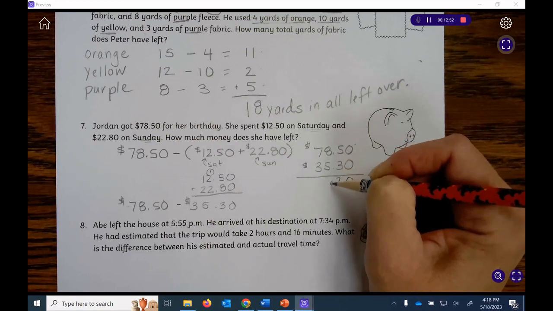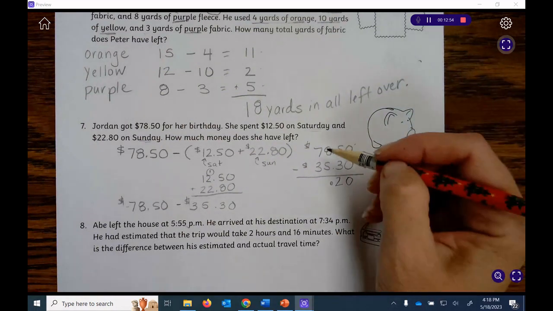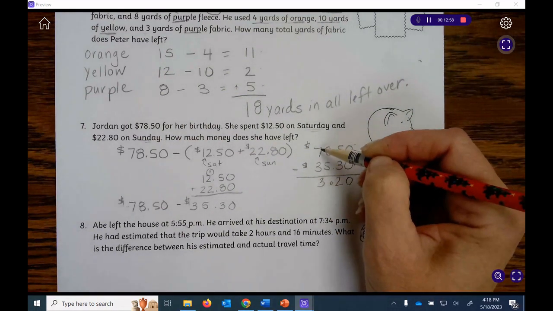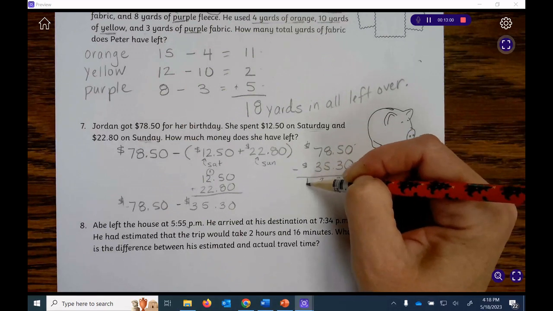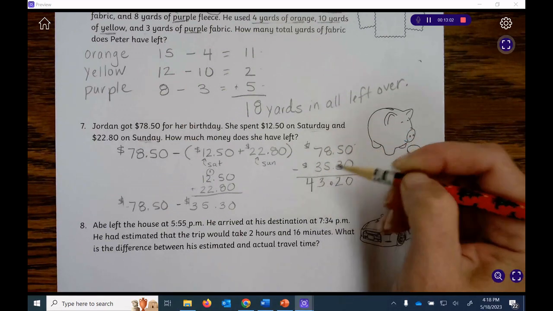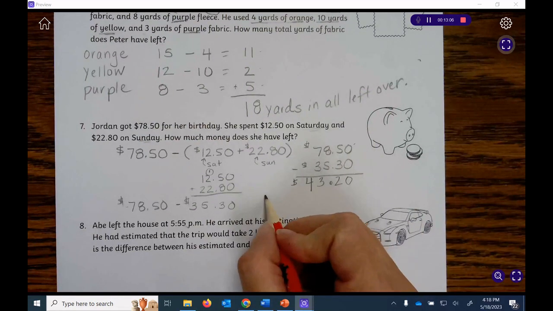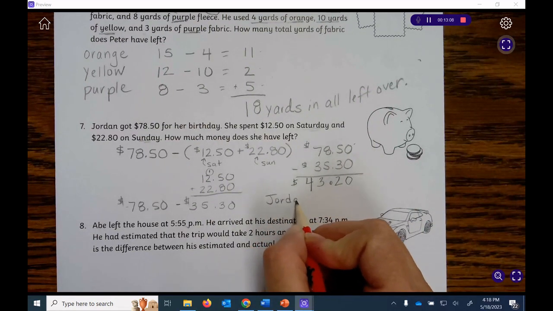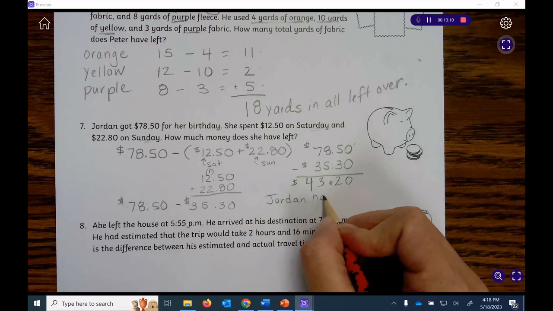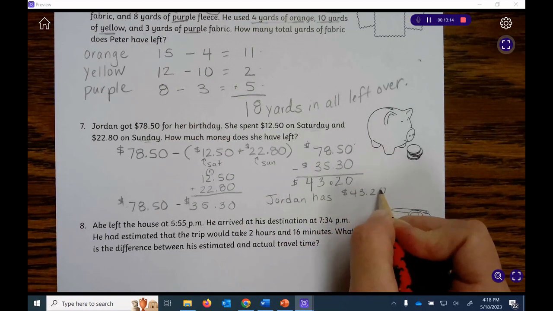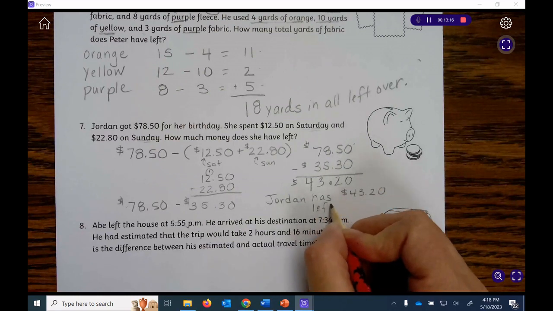Bring down the decimal point when you are adding or subtracting decimals. 8 take away 5 is 3. And 7 take away 3 is 4. So Jordan has $43.20 left over.